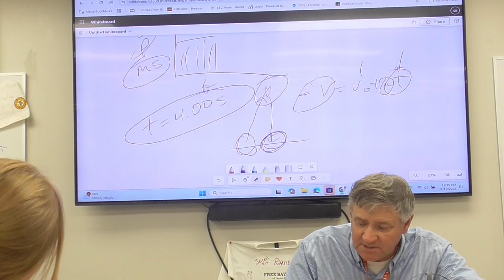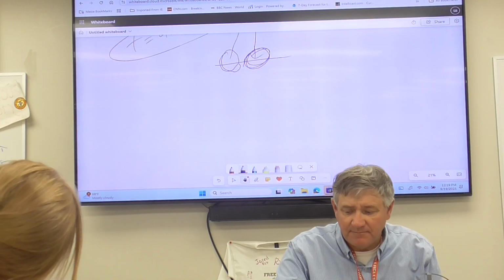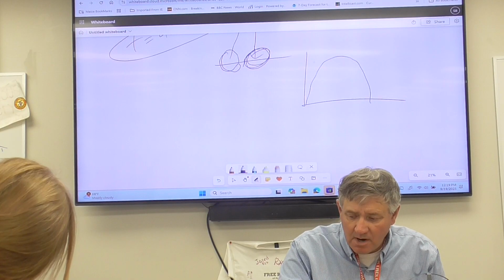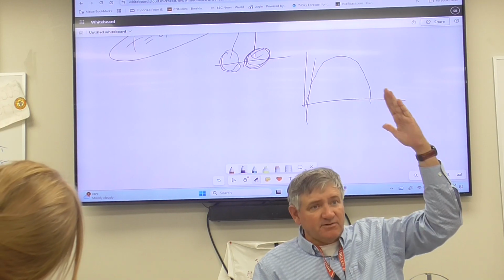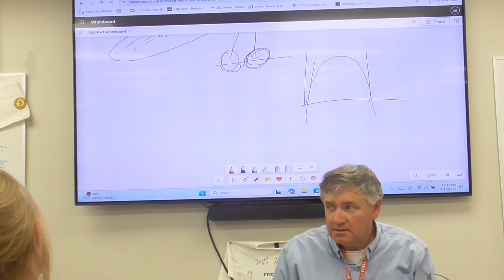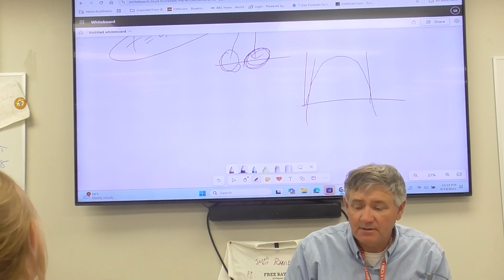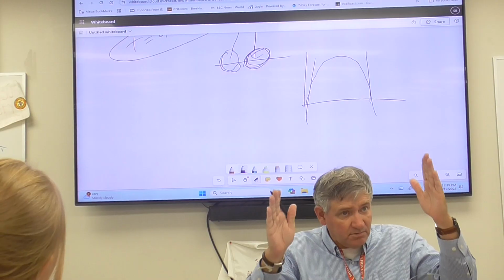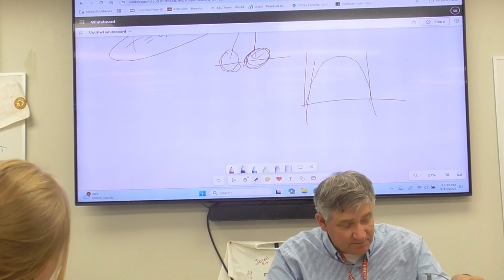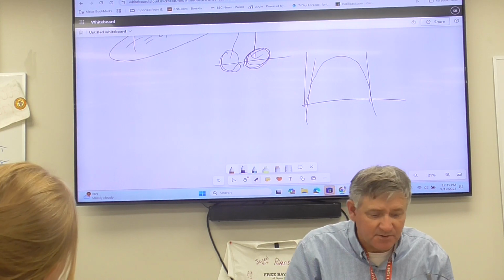In that situation, you would end up with a negative velocity, which is why on the position time graph, on the way up, initially it's going to have a positive slope. On the way down, it's going to have a negative slope. Same numeric value, opposite signs if it's symmetrical. And that's a huge if it is symmetrical.